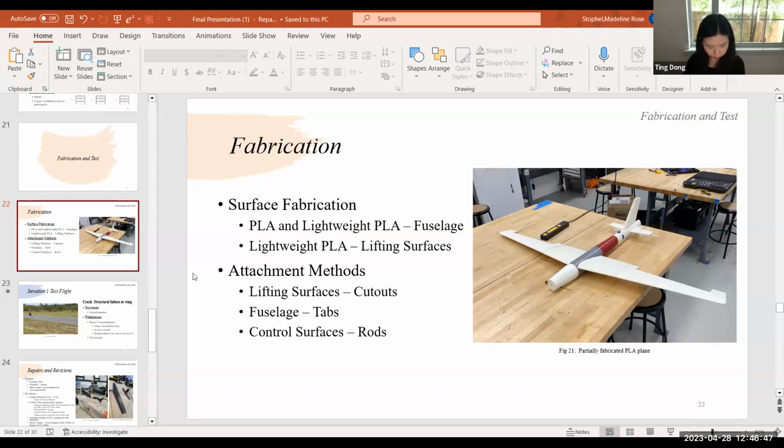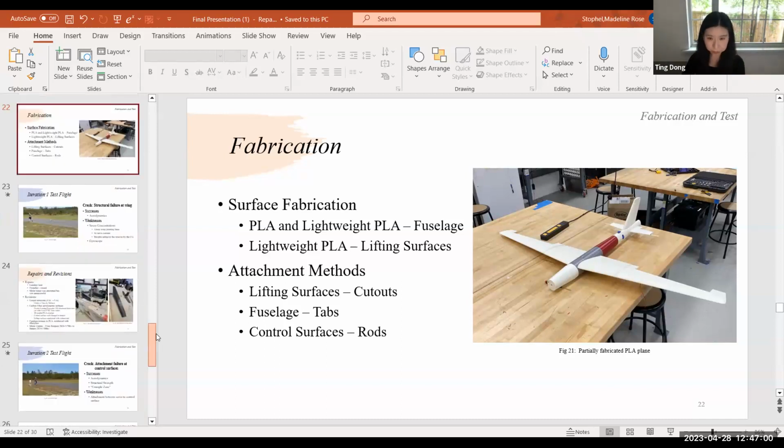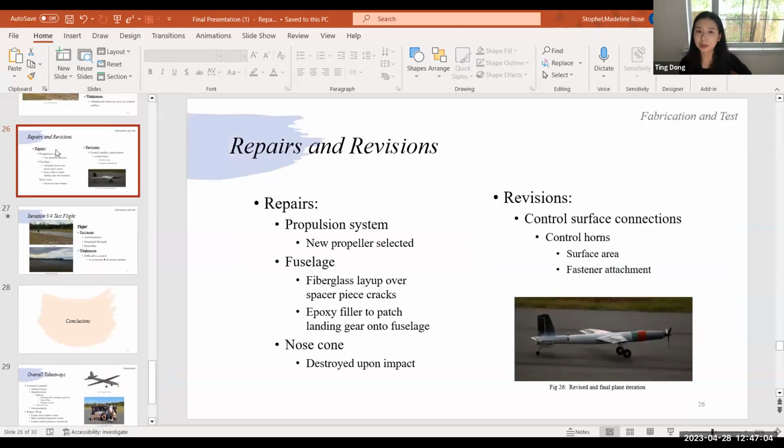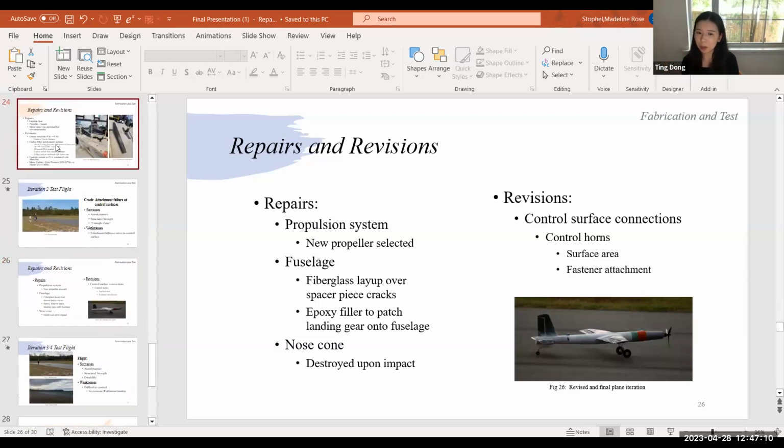One thing I'm just curious about, since Jacob and Carl are here: when I communicated with you during the test flight, you said you used fiberglass to wrap around the fuselage, because you wanted to make sure the signal can transmit through it.